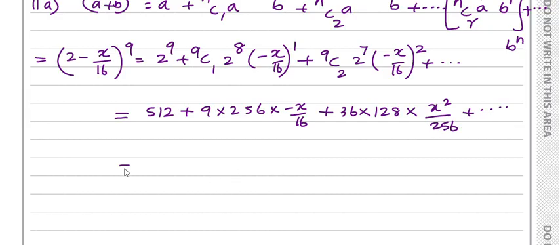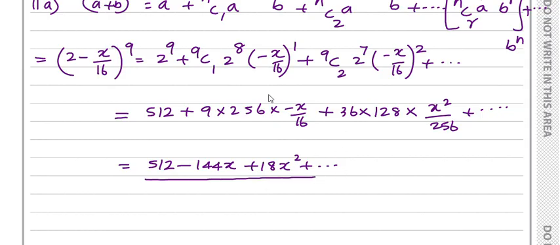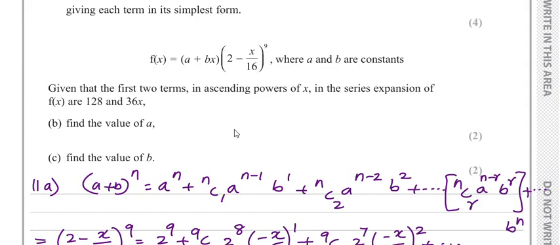That simplifies to 512 minus 144x plus 18x squared plus dot dot dot. So this is in ascending powers of x, and that's the answer for the first part.